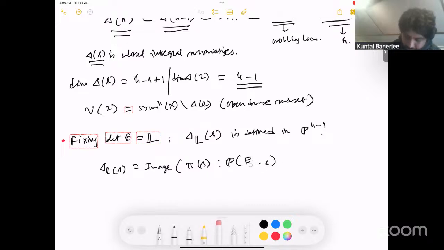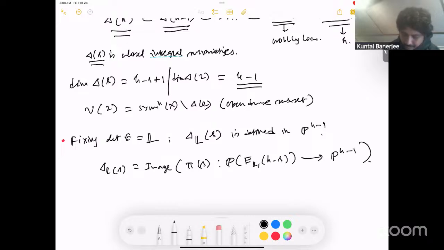Let me fix my notations. From L1 to P^(h-1).